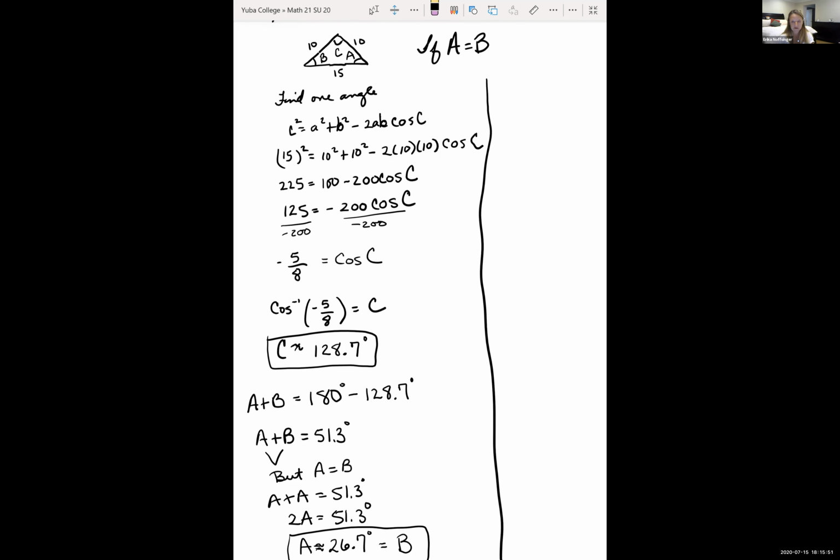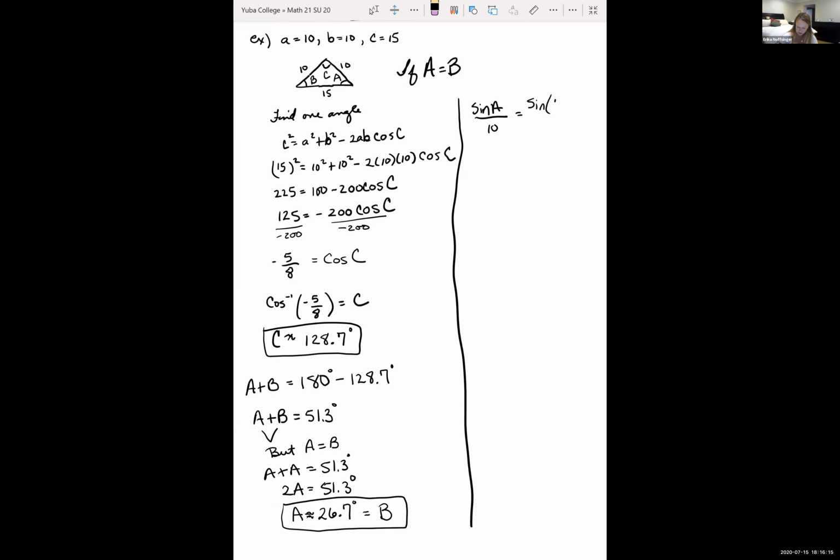If I was trying to find angle A, sine of A all over 10 is equal to sine of C. C we found to be 128.7 degrees, all over the side across from angle C, which was 15.